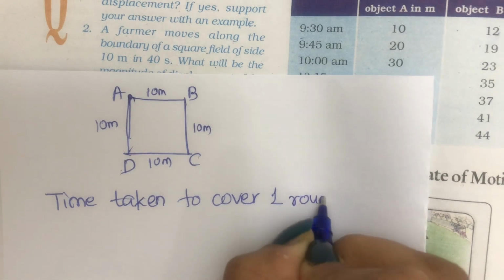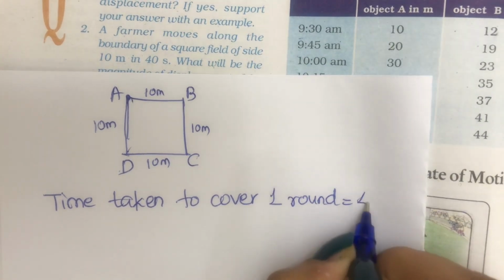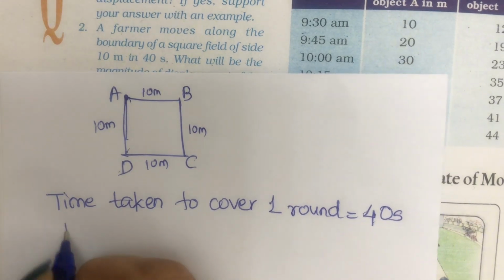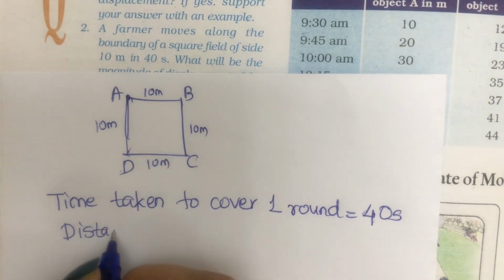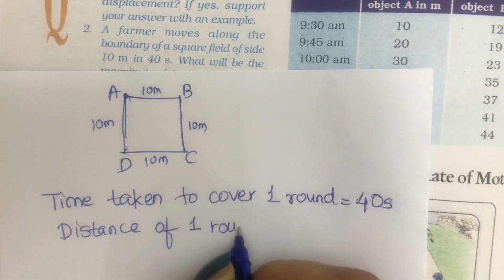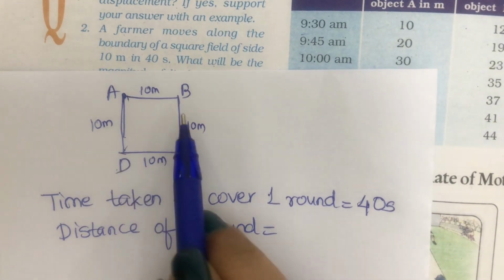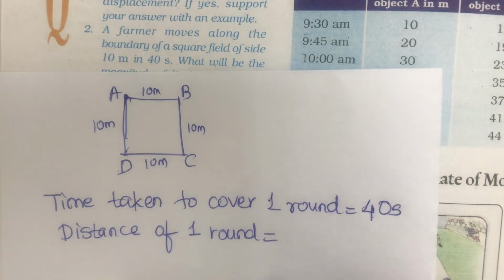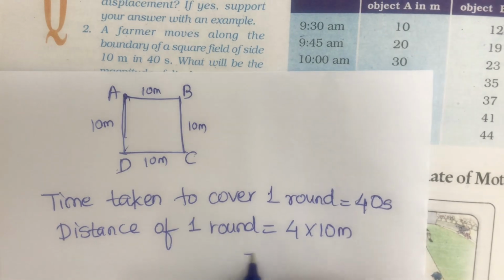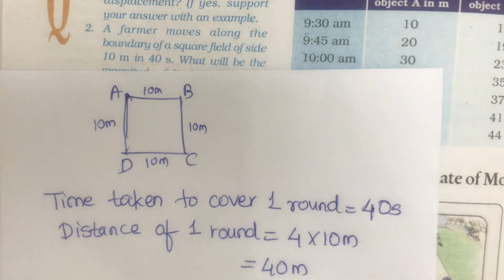One round is given as 40 seconds. So the distance of one round is how much? The perimeter of the square, that is 4 into 10 meter, which is equal to 40 meter.